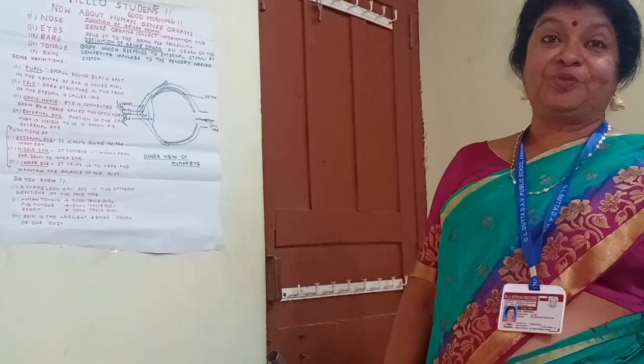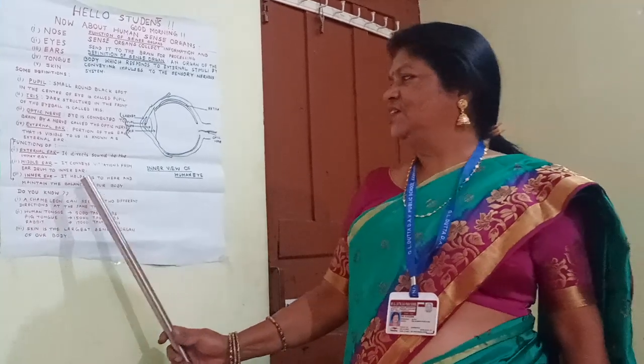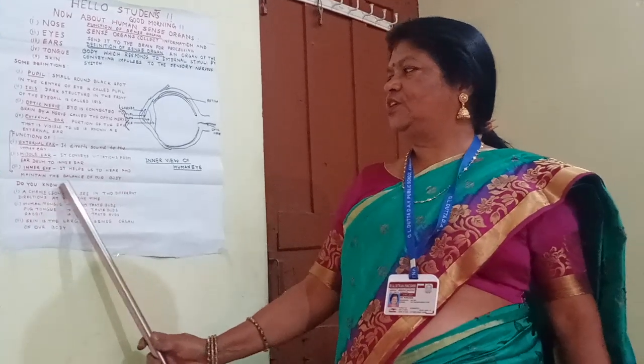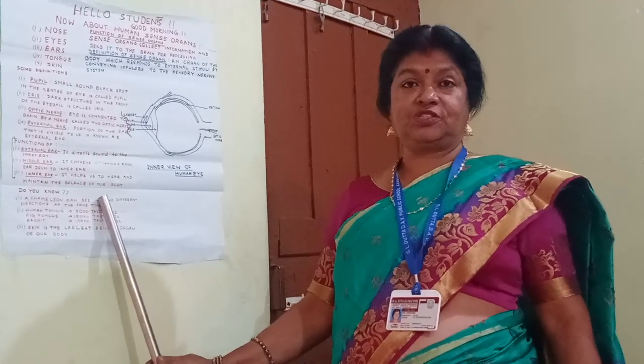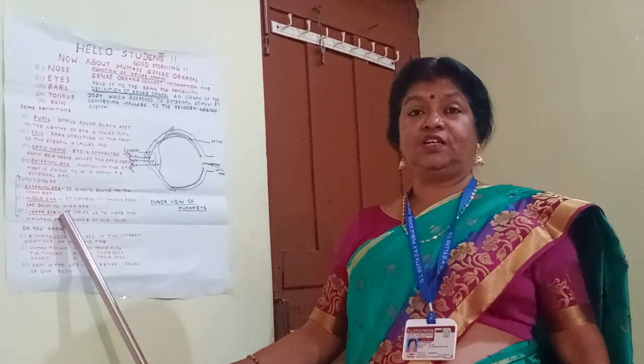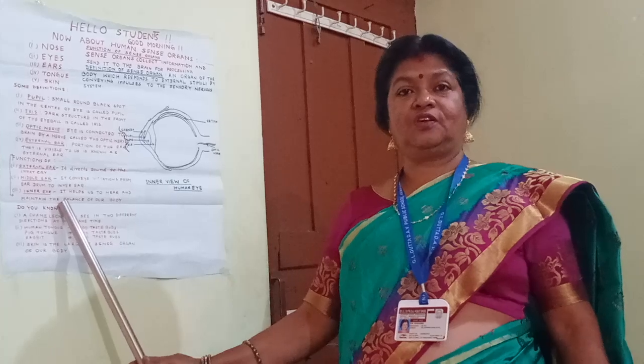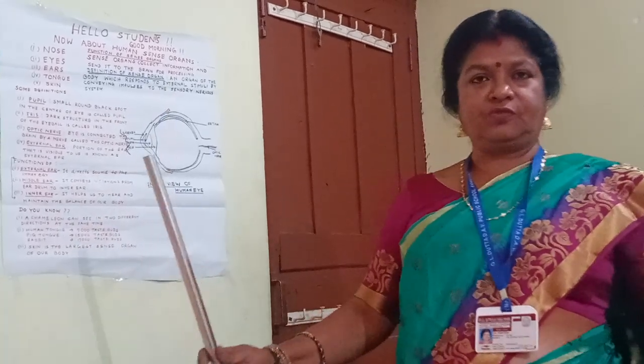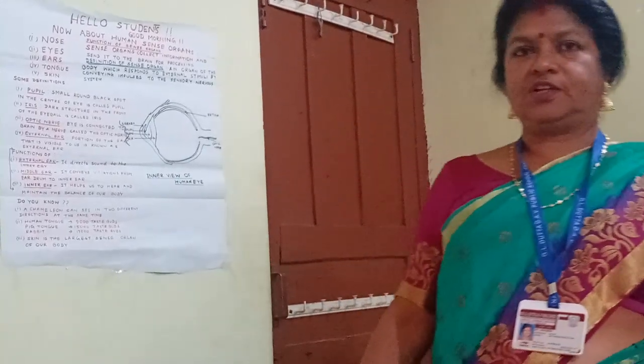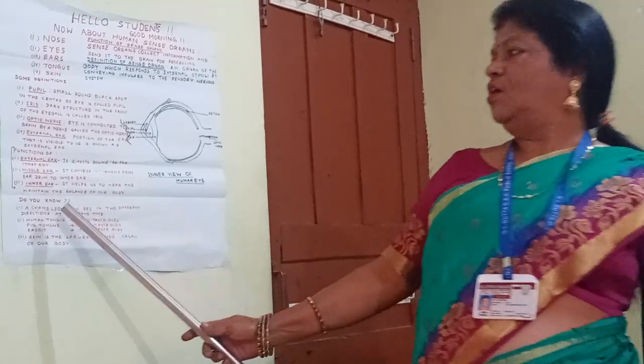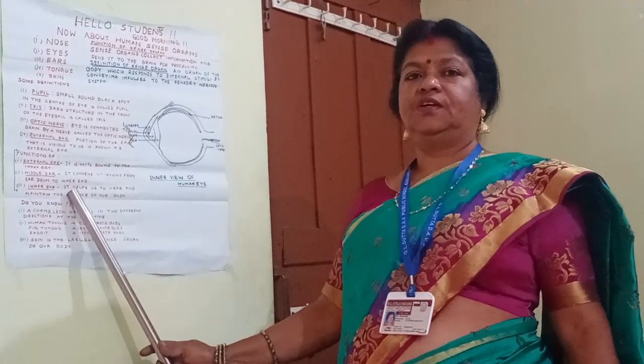And what is the function of the inner ear? It helps us to hear and maintain the balance of our body. So the inner ear has a very important role. If it is not working, we will not be able to balance our body. We will fall down.